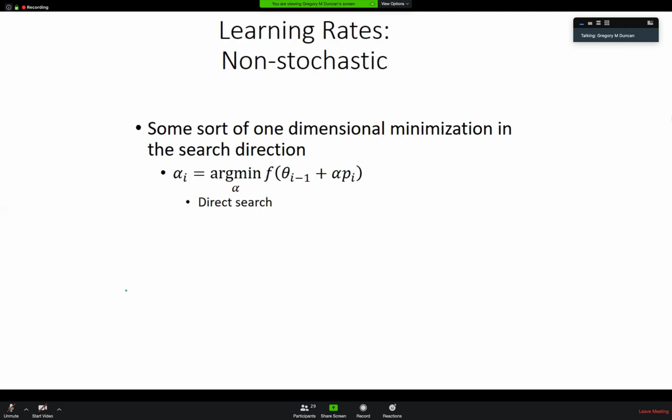The problem with that is it can take a long time. There's something called golden rule bisection, which says there are actually optimal step sizes you can take to find a minimum. You can also do a cubic approximation of this in the direction p.